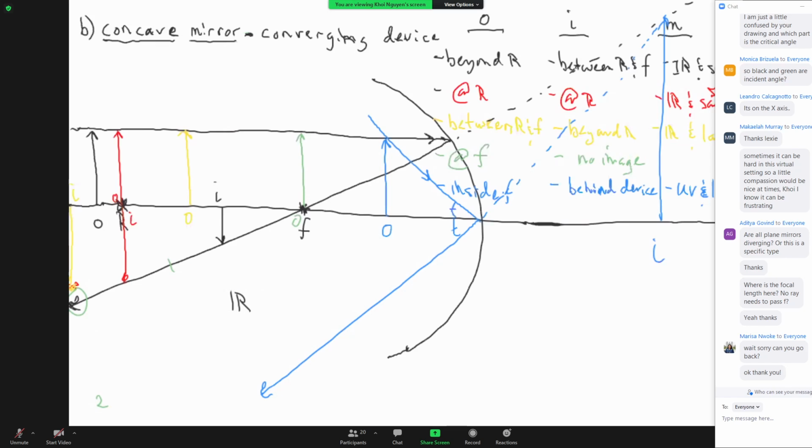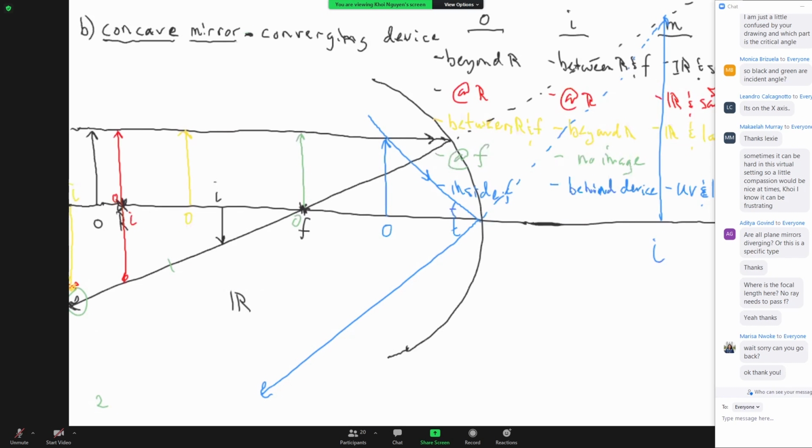So this is only true on a converging device. All diverging devices are going to have upright virtual images, always, no matter where you move that object. But what you notice from this, the black, the red, the yellow, the green, and the blue, is your object moving closer. As you move closer, what happens to where the image is?